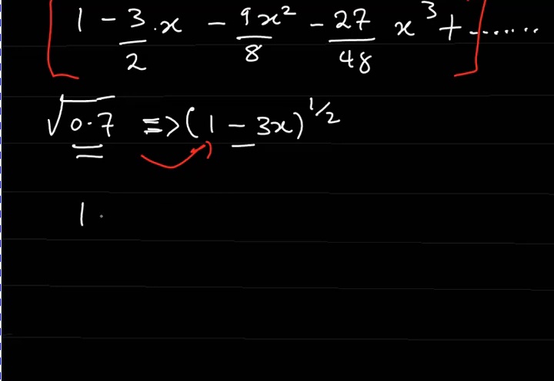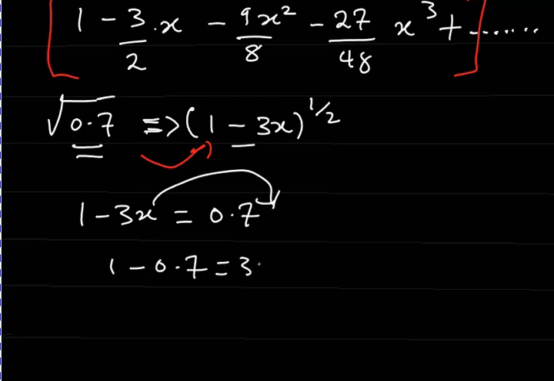I will just equate 1 minus 3x equal to 0.7 to know exactly what x will be. If I arrange the equation, I move this to this side, so this is going to be 1 minus 0.7 is equal to 3x.